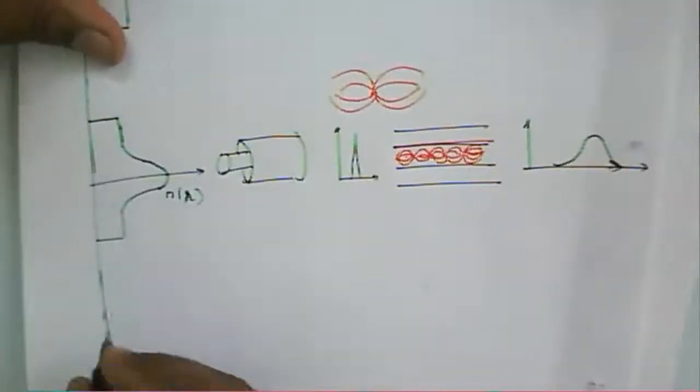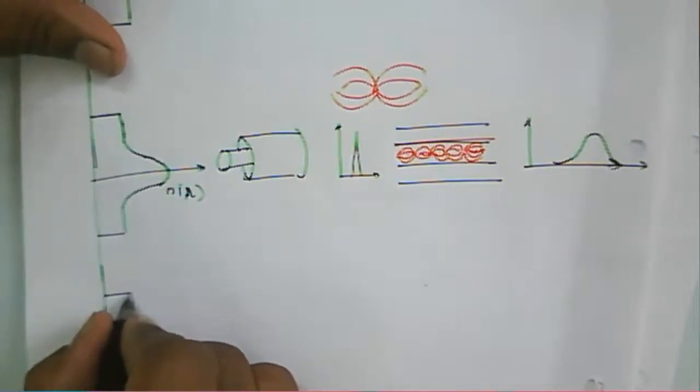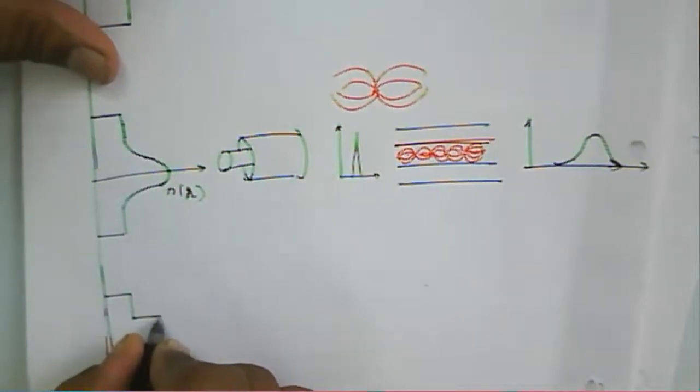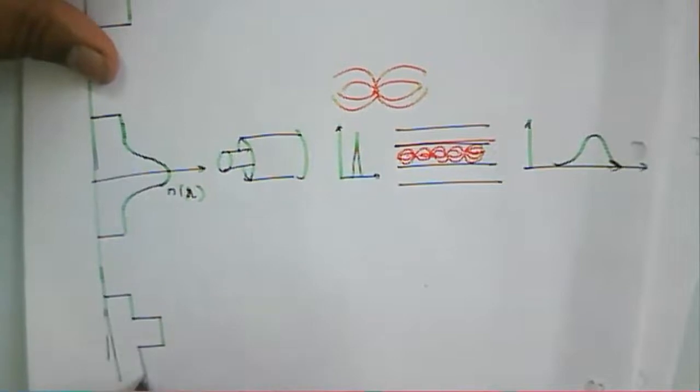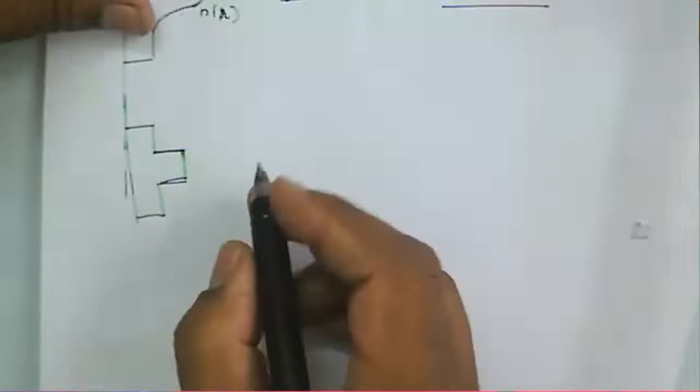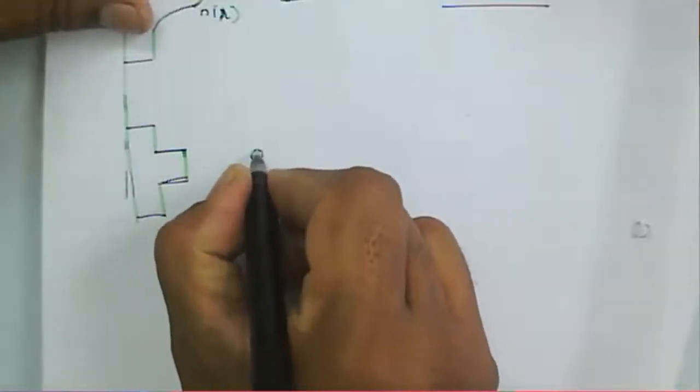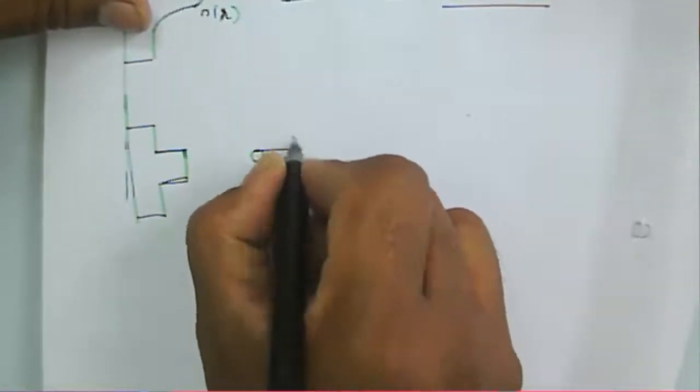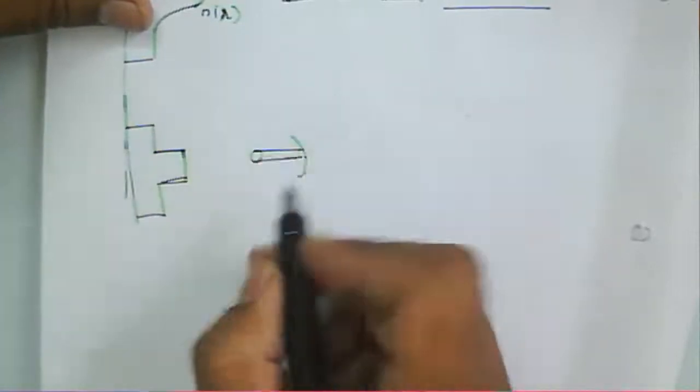But if we consider a single mode fiber, the core is small. I just drew it big, but it is a small core.